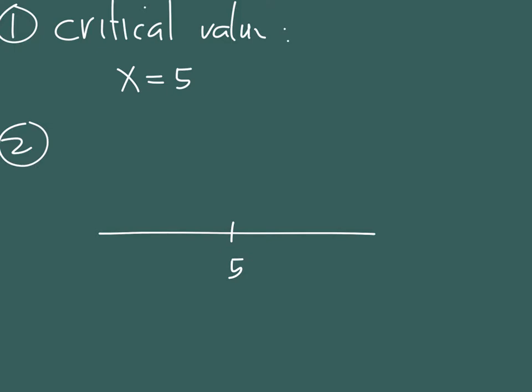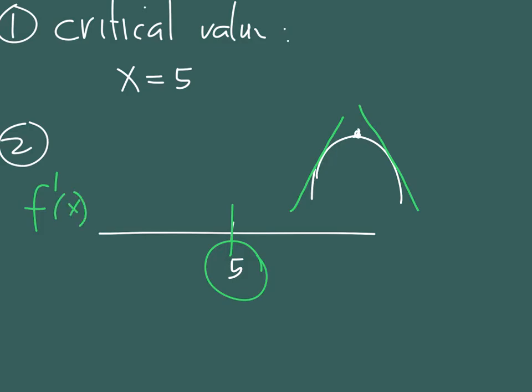We want to make sure that if it will give us the maximum point, then the slopes before the point and the slopes after the point should be changing from positive to negative. So the first derivative test will make you investigate what is happening to the derivative before the 5 and after the 5.